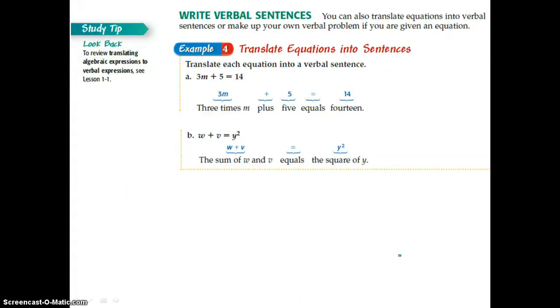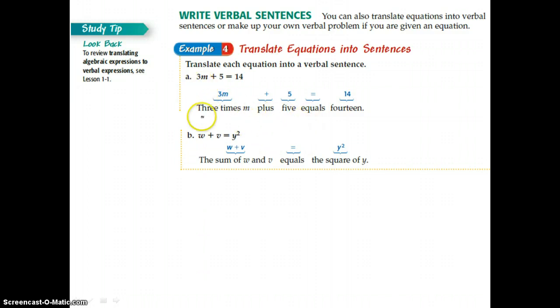All right, so here are just some generic equations. So 3m plus 5 equals 14. Well, if you wanted to write that as a verbal sentence, it would be 3 times m, because they're giving you m as the variable, plus 5 equals 14. So it's just taking what we did before and we're just turning it around.